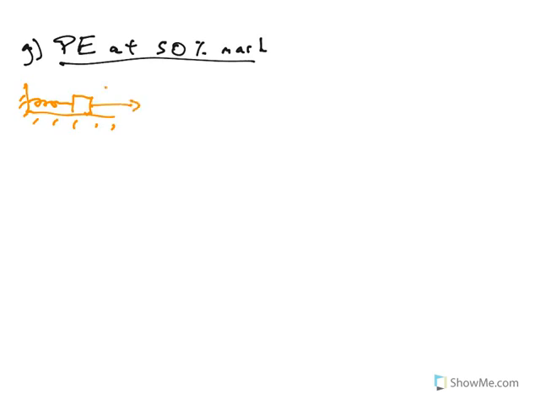The most we stretch was 0.005 meters to here. We want to know, what about when it's halfway to there? Of course, that point is going to be 0.0025 meters. That's the point where we're going to calculate our potential energy and our kinetic energy.